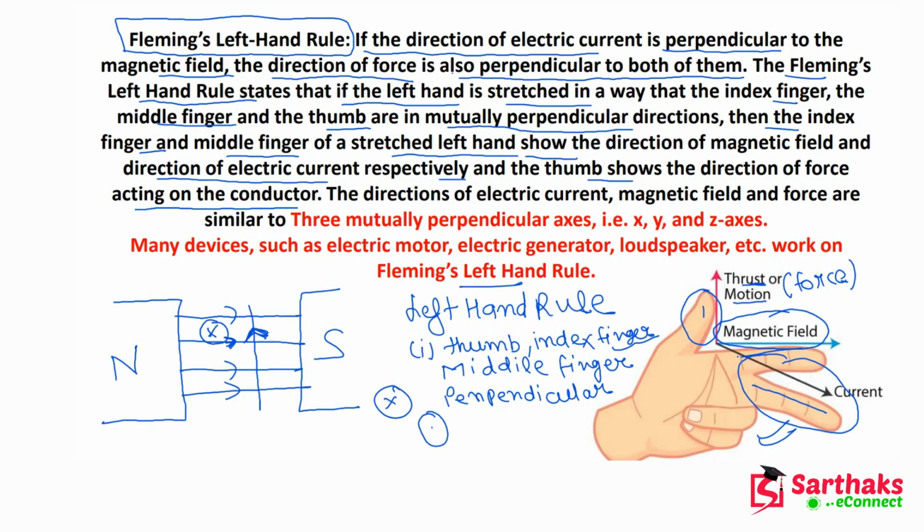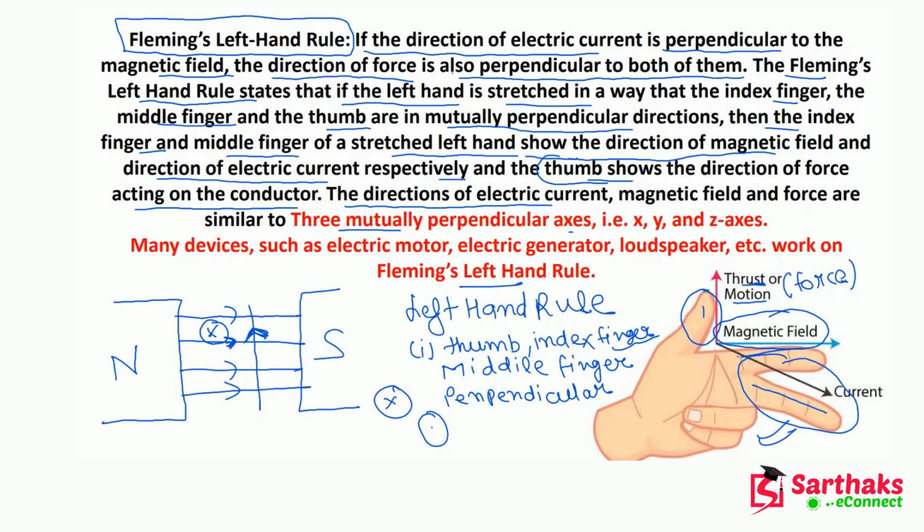So this is an important point. The direction of electric current, magnetic field, and force are similar to three mutually perpendicular axes, x, y, and z axis. Many devices such as electric motor, electric generator, loudspeaker work on Fleming's left hand rule.